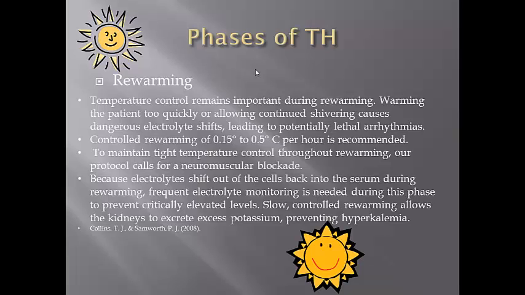Because electrolytes shift out of the cells back into the serum during rewarming, frequent electrolyte monitoring is needed during this phase to prevent critically elevated levels. Slow, controlled rewarming allows the kidneys to excrete excessive potassium, preventing hyperkalemia.